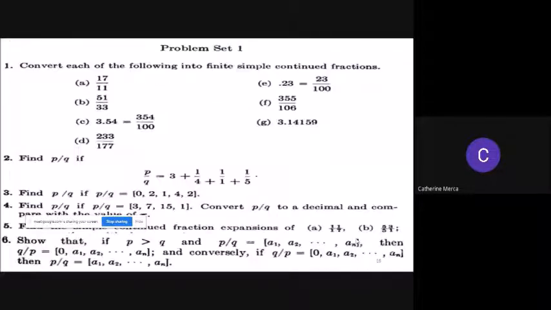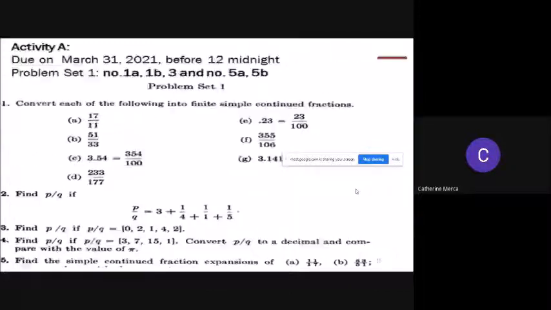And then you have your problem set. As I've said, this is just the first set. I'll give you another topic which I will post later on. So you will have to answer only the following numbers: number 1A, 1B, number 3, number 5A, and 5B.